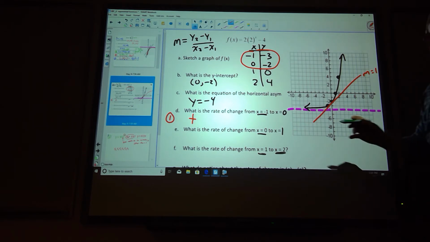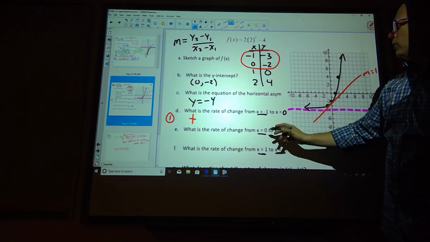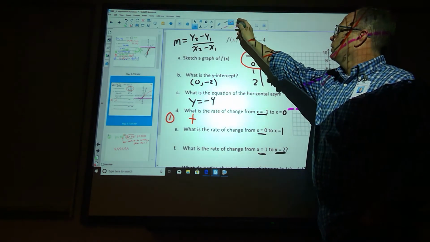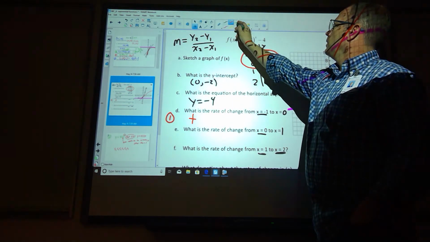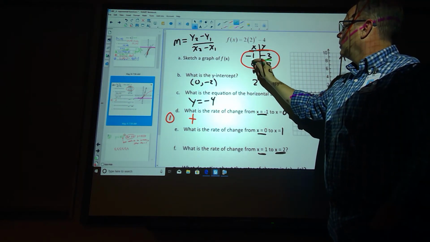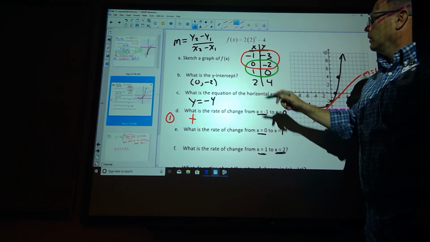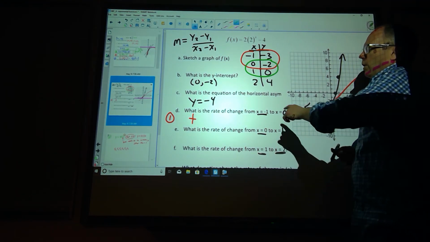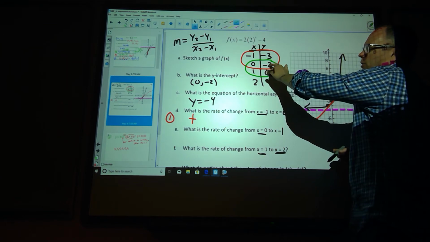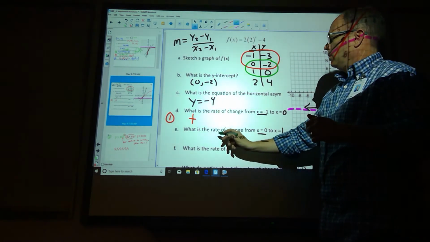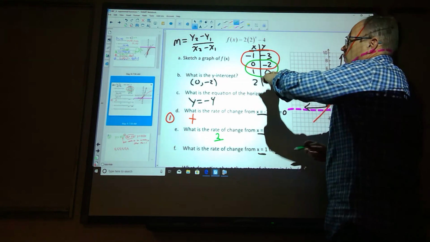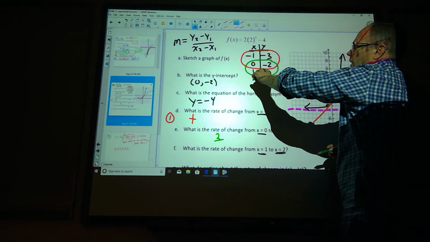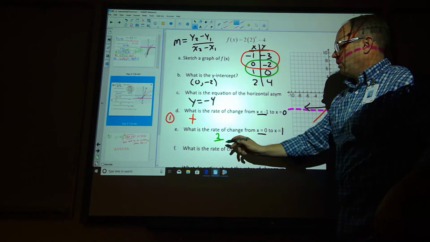Okay? What is the rate of change for this next one? So I'll do this one in green, looks good. I'm going to do these two. Okay? Let's see if you can follow my work. 0 minus -2 is 2. Okay? And then 1 minus 0 is 1.